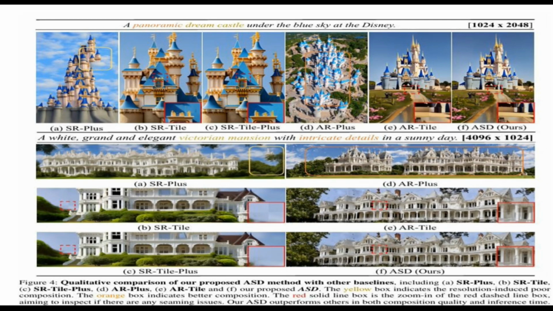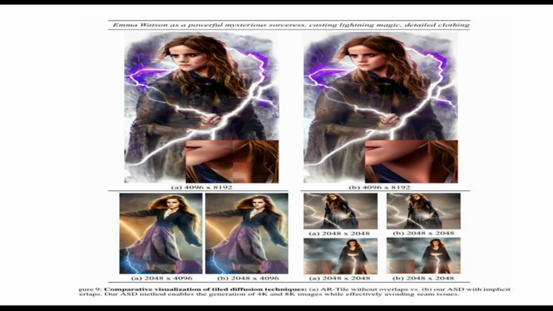Second, Fast Seamless Tiled Diffusion, that is FSTD. This technique allows AI to generate large images without artifacts, making it perfect for HD and Ultra HD content. And yeah, with 2 times faster inference time, ASD is an exciting advancement that improves efficiency, flexibility, and realism in AI generated art.